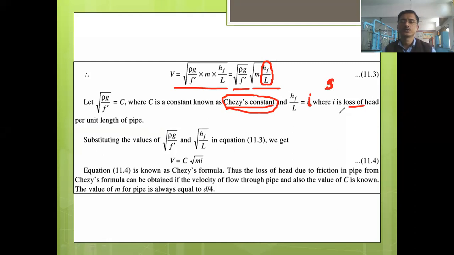I is also known as the loss of head per unit length. Means for one particular meter length, how much head is it losing there. This is hf, and this is L. So the ratio hf upon L is nothing but I. This is the hydraulic loss of head per unit length.